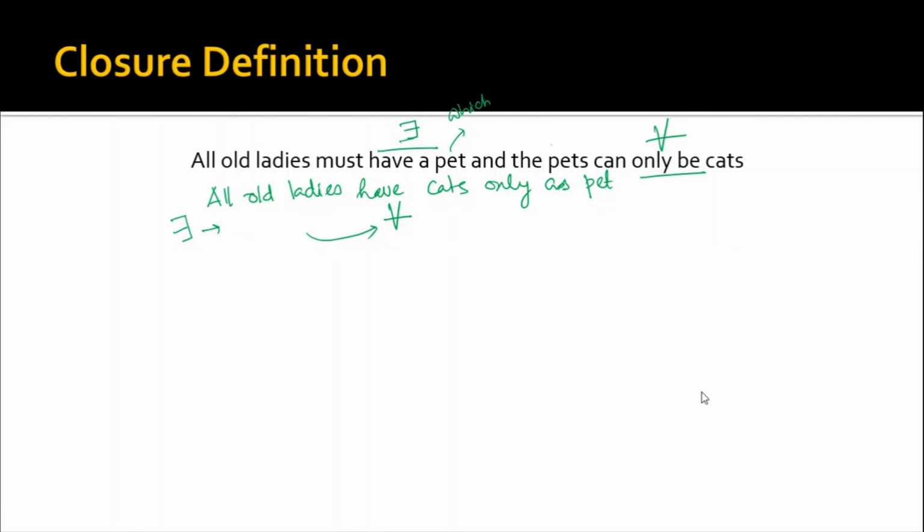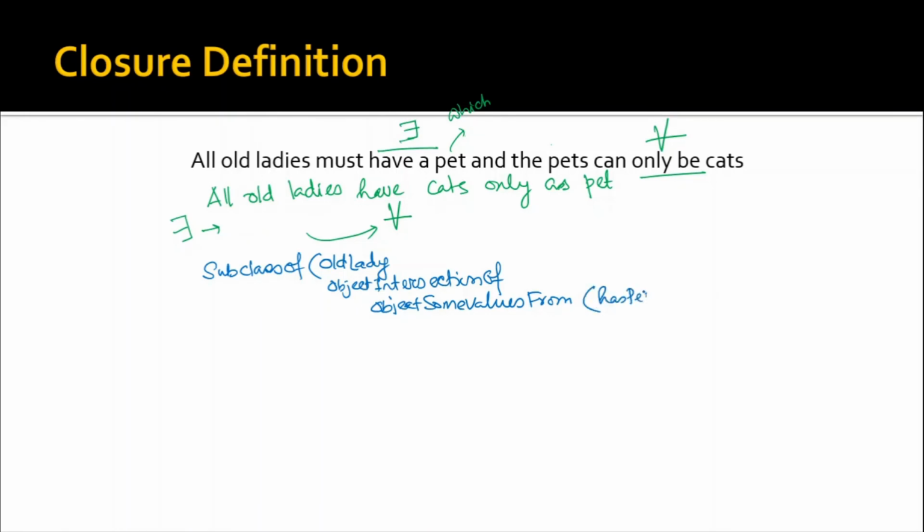So we are representing a subclass of old lady, and the object intersection of object some values from, we are using the existential quantifier, has pet to be something.